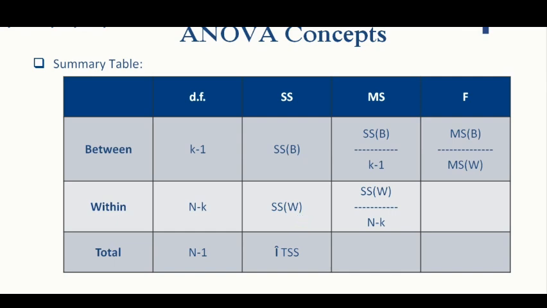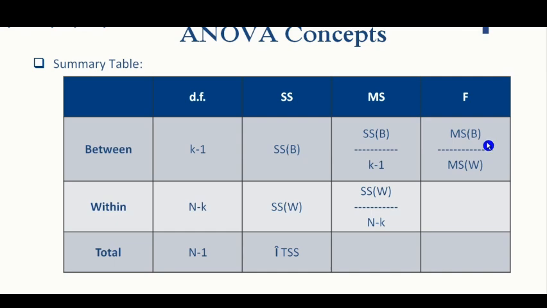Then you divide each sum of squares by the respective degrees of freedom. SSB divided by k minus 1 is the mean sum of squares for between treatments, and SSW divided by its degrees of freedom is the mean sum of squares for within.